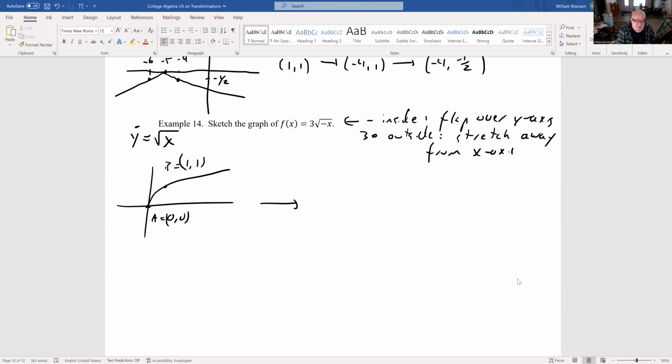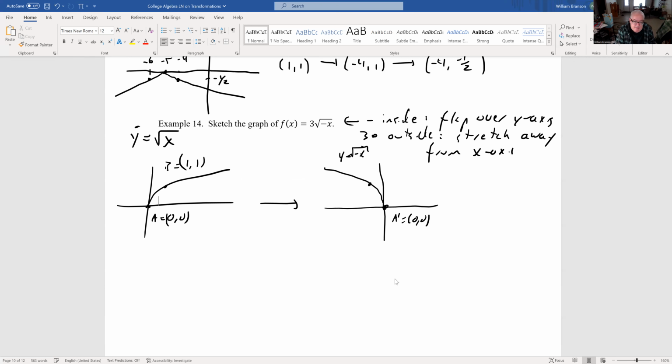So if this is y equals square root of x, another way to approach this is to say, well, oh, that's a terrible drawing. Let me undo this. The first step is to flip it over the y-axis. That's the minus x inside. And that leaves A at 0, 0.